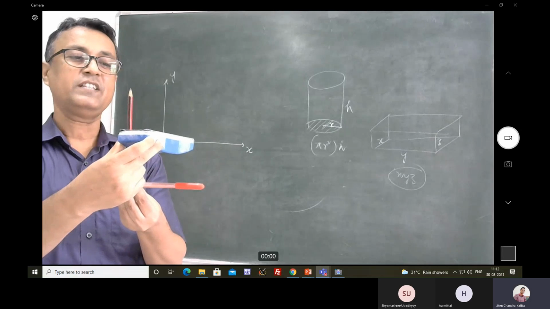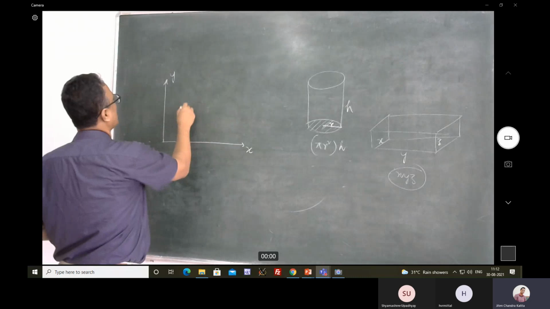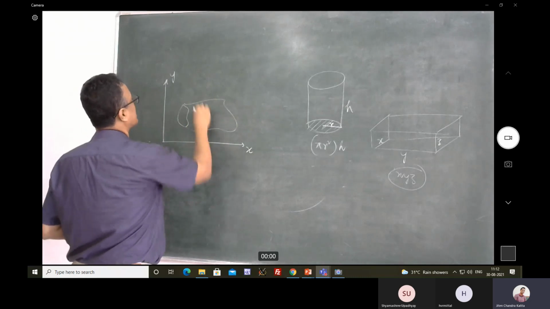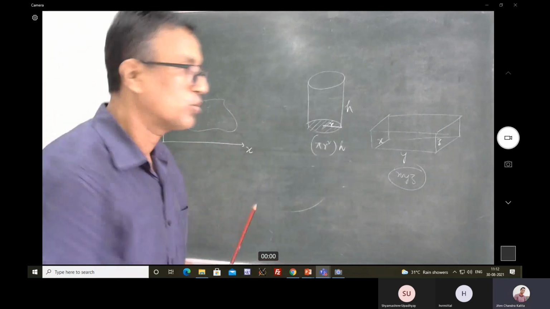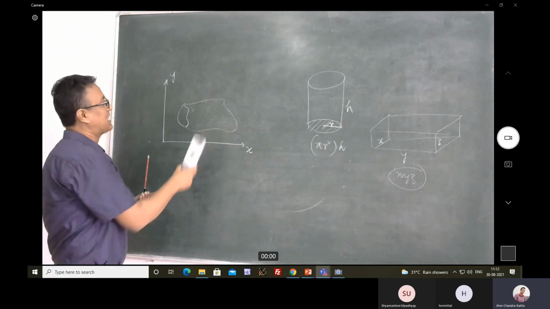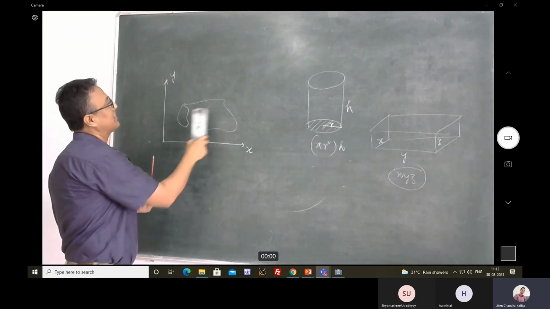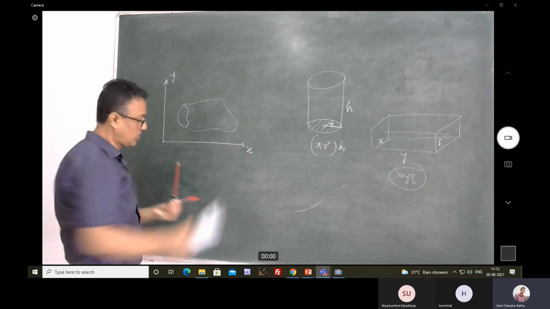Now let us see what happens. So your solid is something like this. And you shouldn't think that whatever I have drawn here is simply something lying on the xy plane. It is not. So this is a solid.